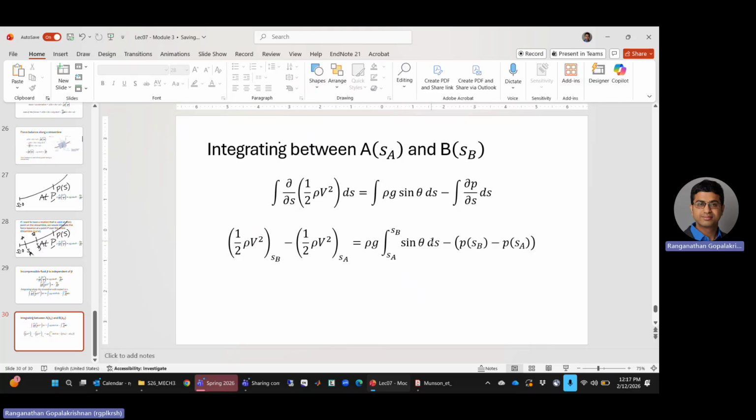Integrated each term between two finite points. With me so far? Yes. It's too simple. That's a yes. Not too hard. Good. I like to hear.